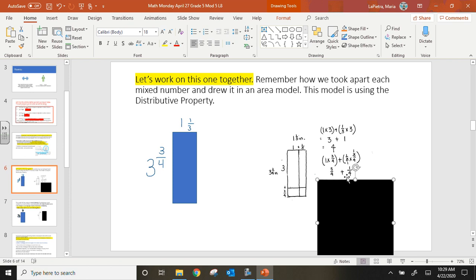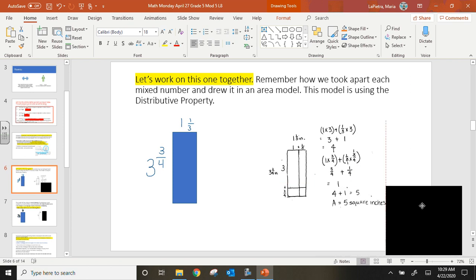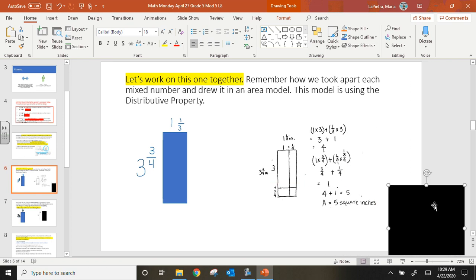Now my denominators are the same. So 3/4 plus 1/4 is 1. Now I need to take those answers that I got, which is 4 and 1, and add them together. 4 plus 1 equals 5. So your area equals 5 square inches.